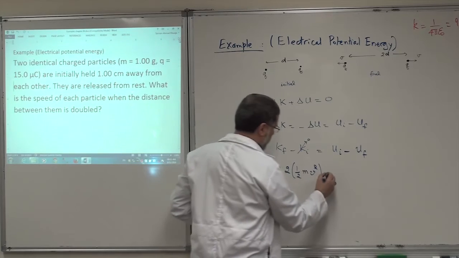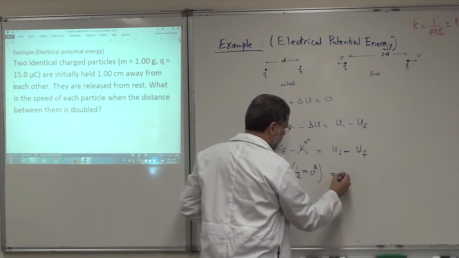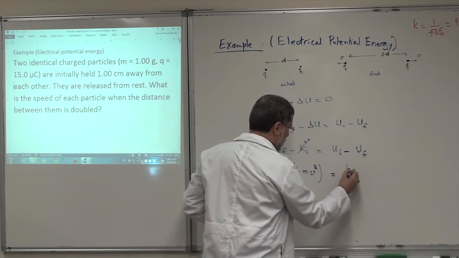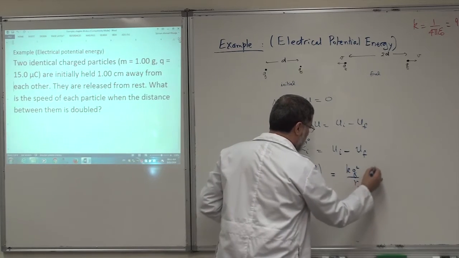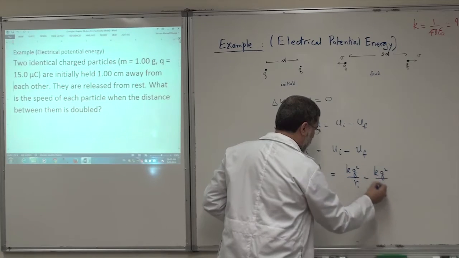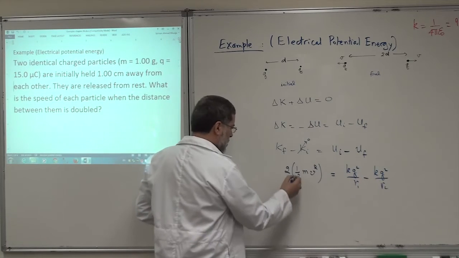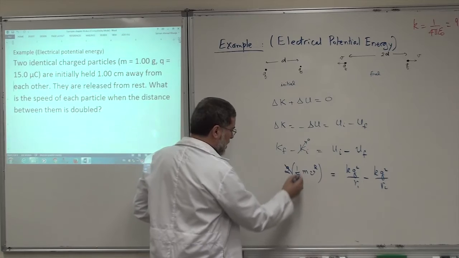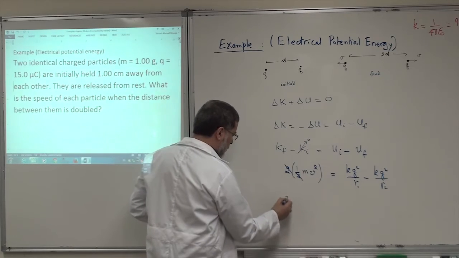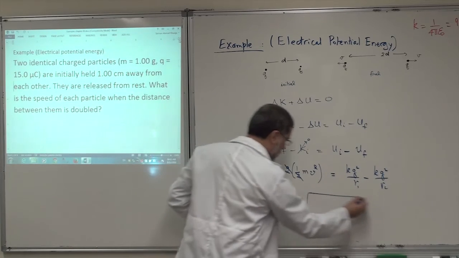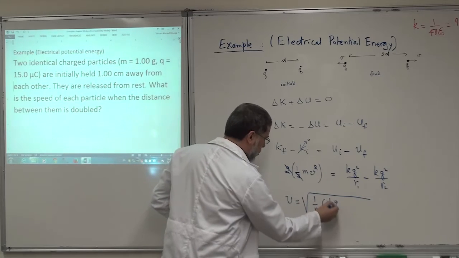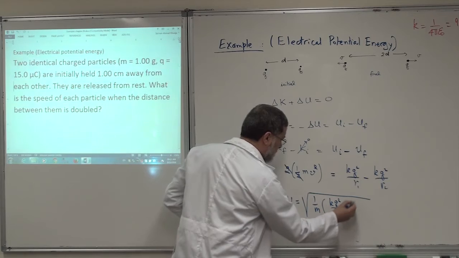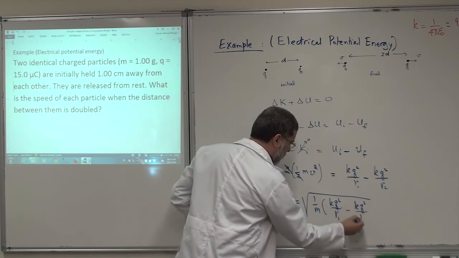This equals U initial, which is kq squared over r1, minus kq squared over r2, and this 2 with this 2 will cancel, and you divide by the mass, and v will be the square root of 1 over the mass, times kq squared over r1 minus kq squared over r2.